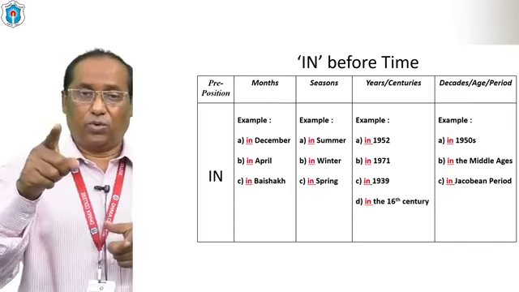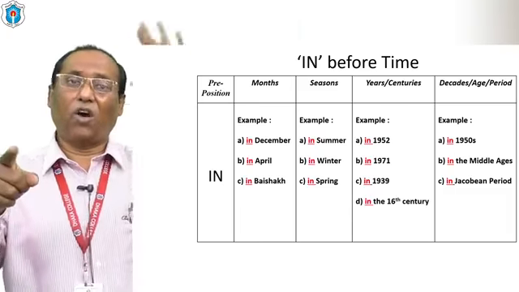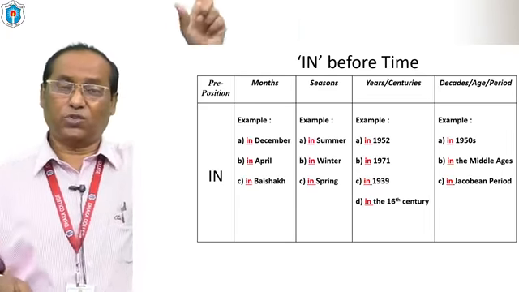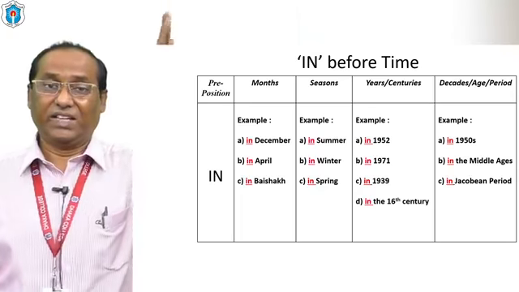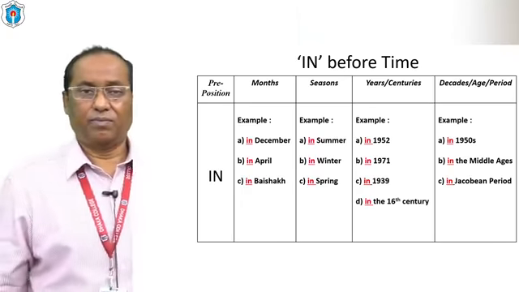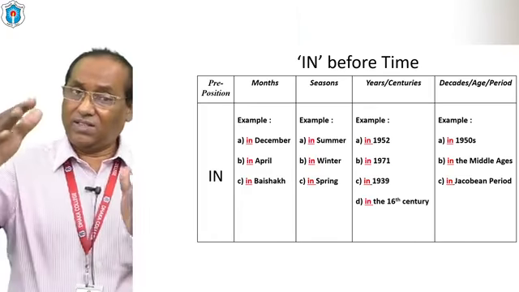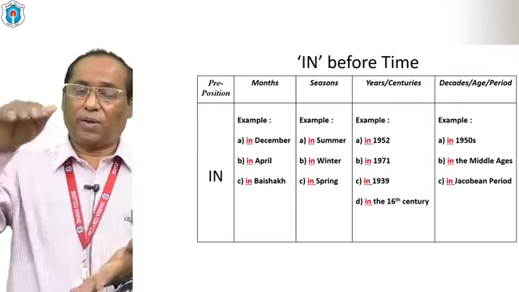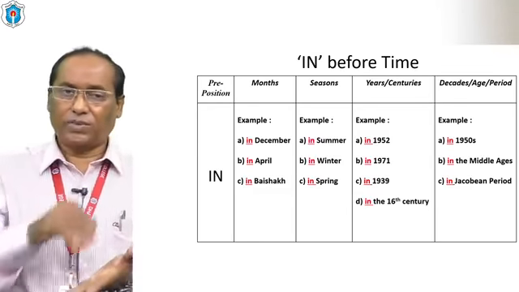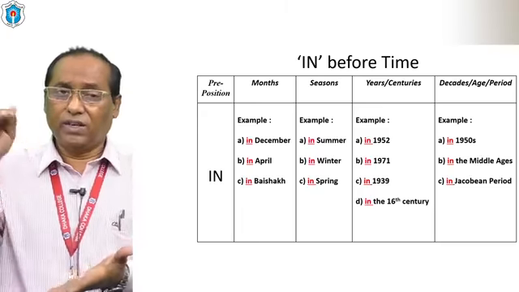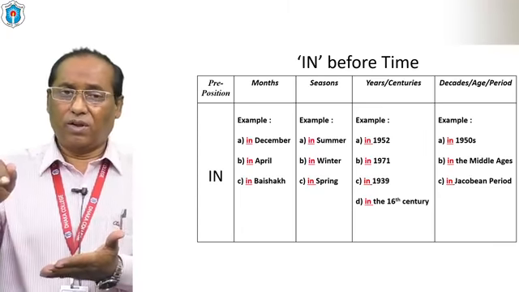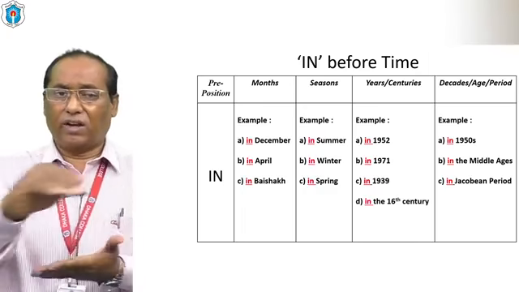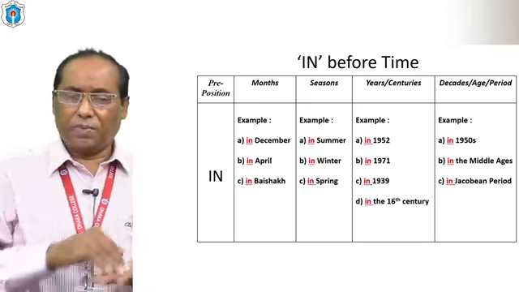In is used before the longest time: century, year, decade, age. By this you try to keep in mind: at is used before the most specific point of time. On is used before those times which are greater and longer than a specific time.